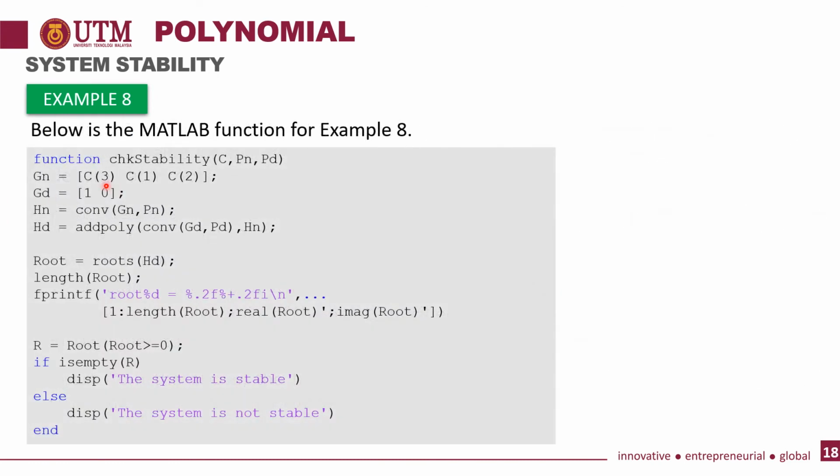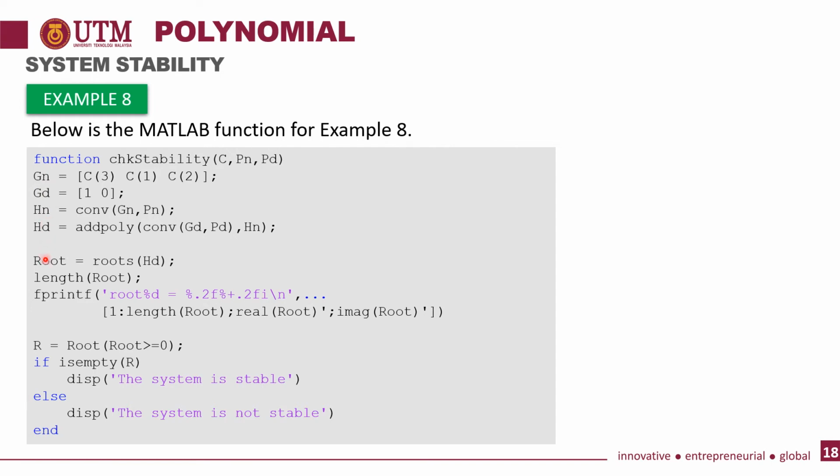So C3 is P, C1 is I, C2 is D. GD is the denominator. For GN, GD, HN, and HD, you can just refer to the previous example 3, where they are already described.